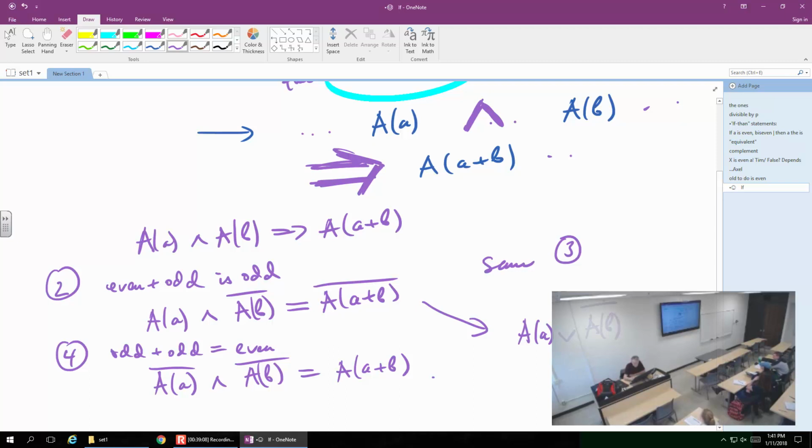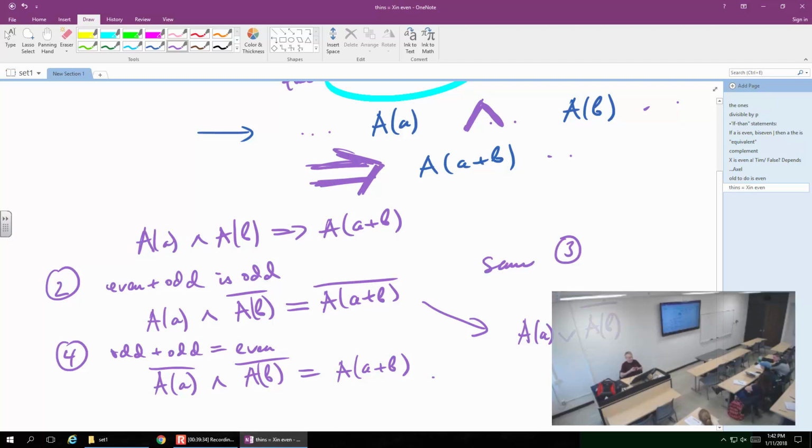Can we make anything from this? That's the question. When one is odd and the other one is even, then the output A plus B is odd. What if I put or there instead of and? Can we say anything about the conclusion?